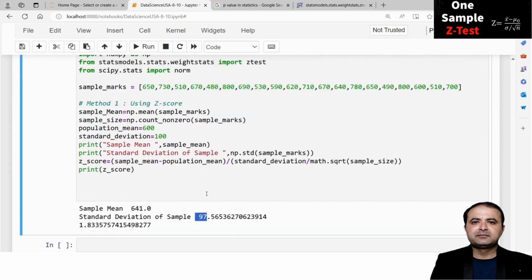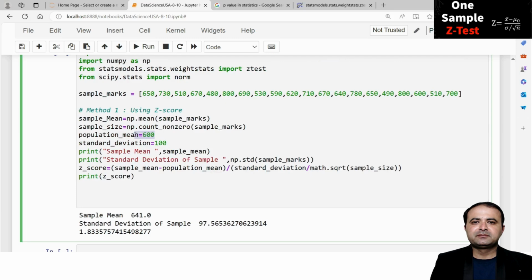So you can see the population mean is 600, population deviation is 100, sample mean is 641, and sample standard deviation is 97.